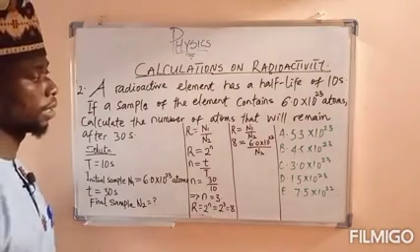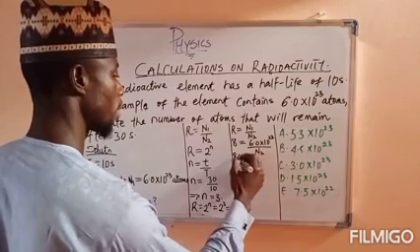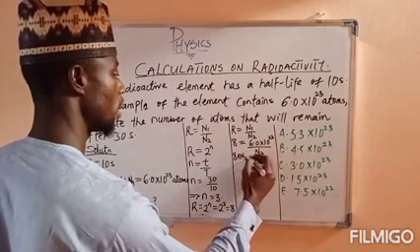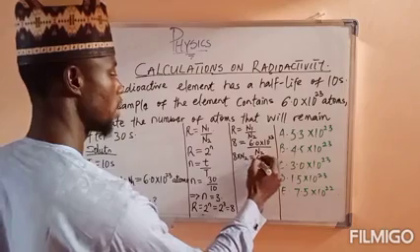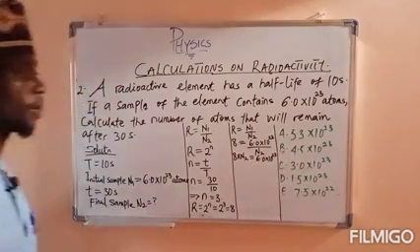Is that clear? So when I cross multiply, I have 8 multiplied by N2 is equal to 6.0 times 10 raised to power 23.